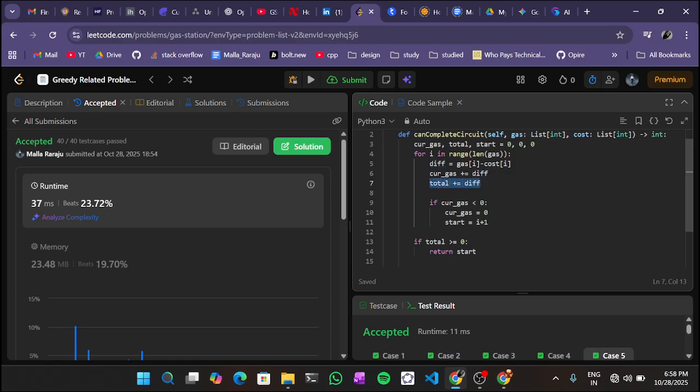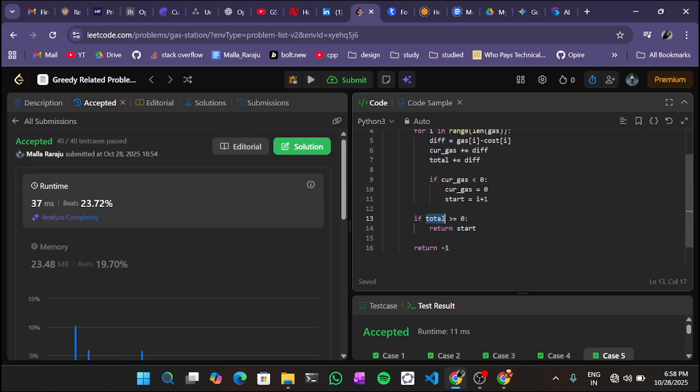And finally, we are checking the total gas. If we have any gas left in our tank, or we have 0 gas left, we made our journey to the destination with enough gas.